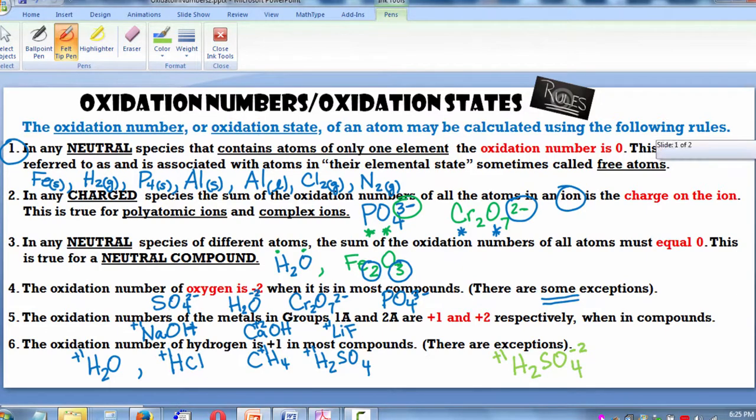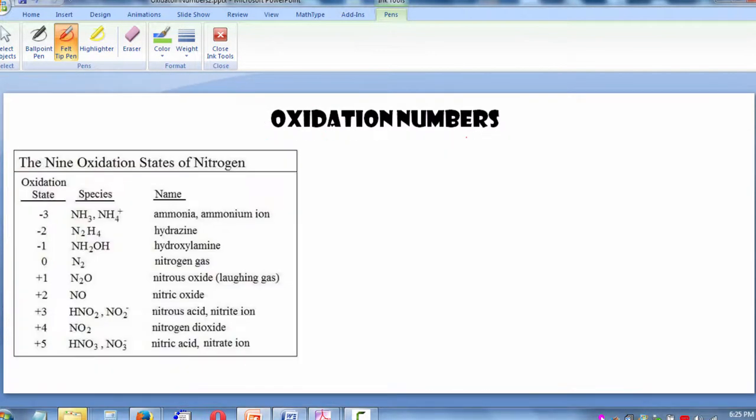So let's look at this example for nitrogen. Now we see that nitrogen can have a vast variety of oxidation states.